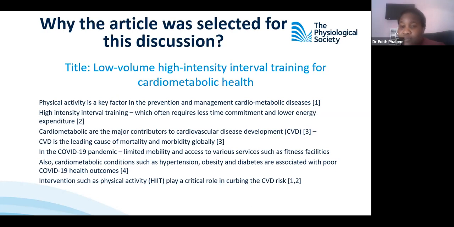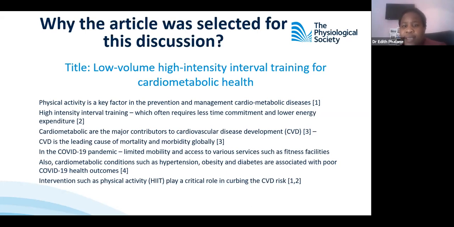My research focuses on cardiometabolic health and cardiovascular disease management, especially in HIV-infected populations, and currently in my postdoc, including COVID-19. What really attracted me is that, looking at the COVID-19 pandemic, we know that mobility is quite limited. We are no longer doing things as we used to.